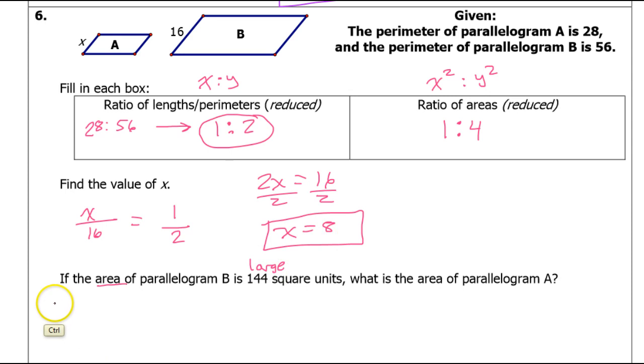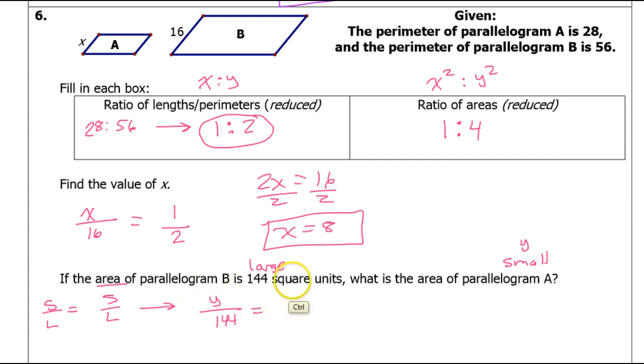So if I go small over large is equal to small over large, okay, that's how my proportion will work. Then the area of parallelogram A will be the small area. So I'll let y be the small area. So I'll have y over 144. Okay, that's the small over large area.